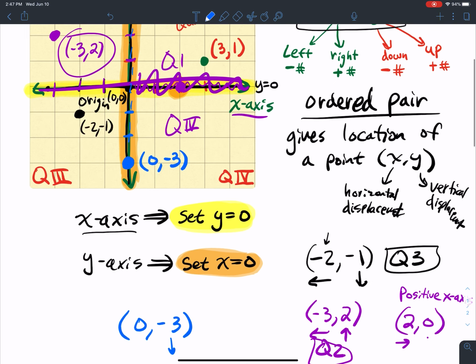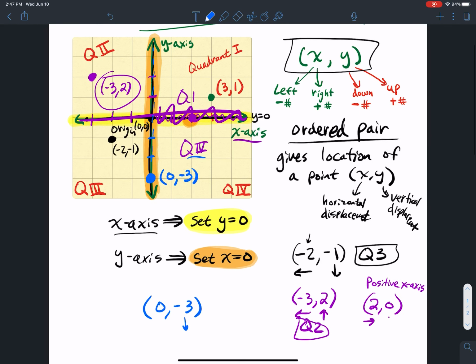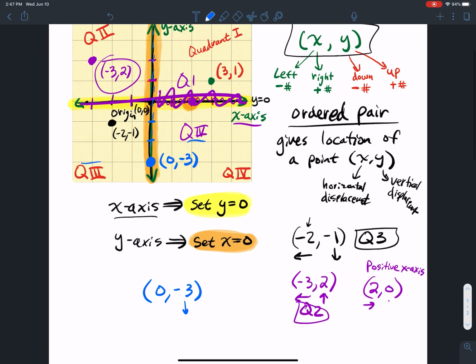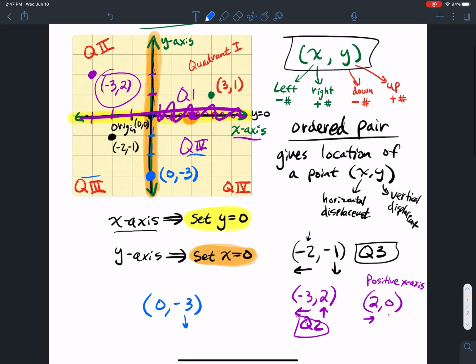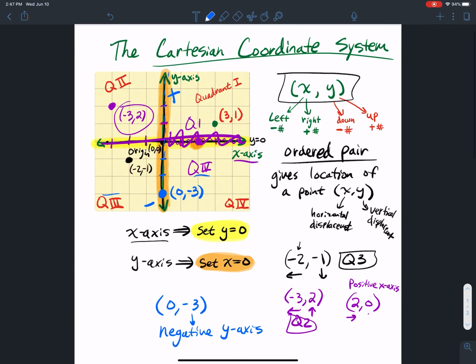Now, where am I? Well, I'm on the y-axis. I'm not in Q4 or Q3. But which side am I on, the positive side or the negative side? I'm on the negative side. So this is the negative y-axis.